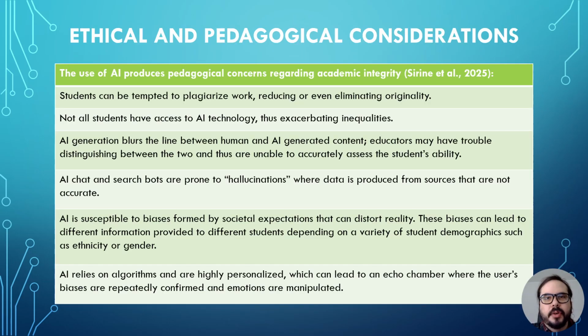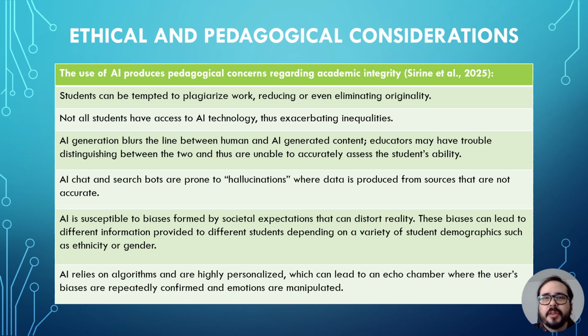However, AI tools are not without their considerations, especially when it comes to ethics and pedagogical outcomes. Students can be tempted to plagiarize work, reducing or even eliminating originality. Not all students have access to AI technology, thus exacerbating inequalities. AI generation does blur the line between human and AI generated content.